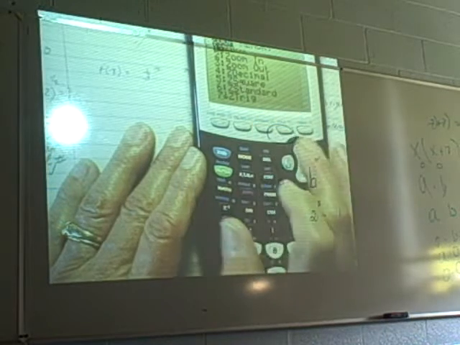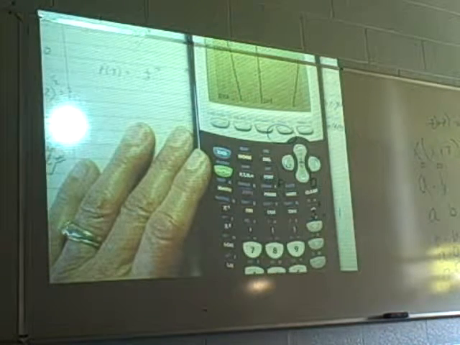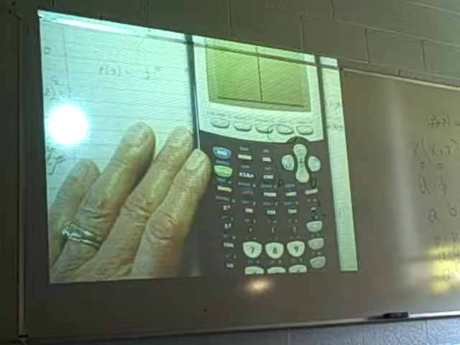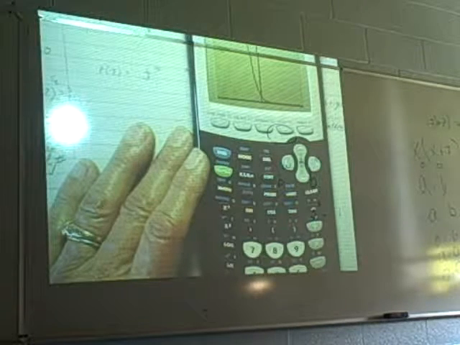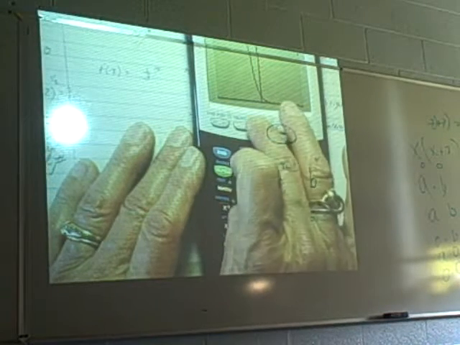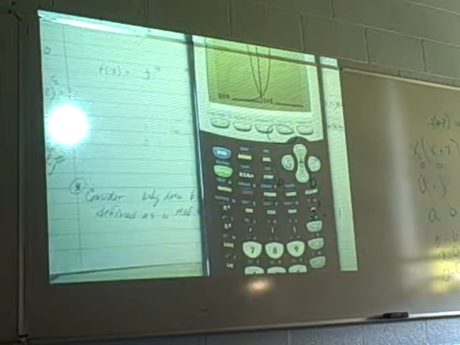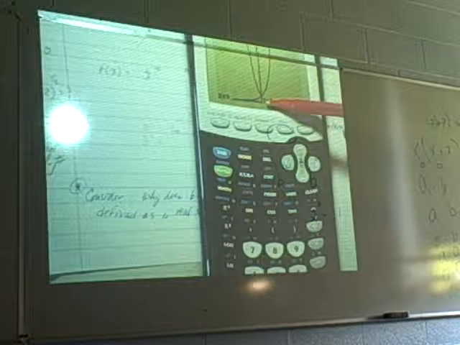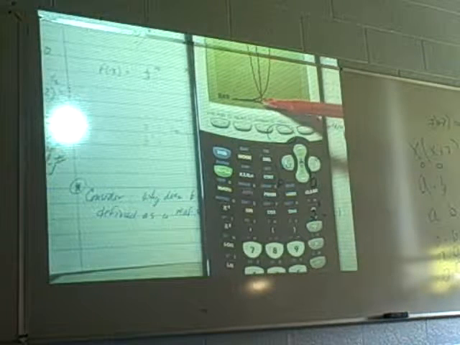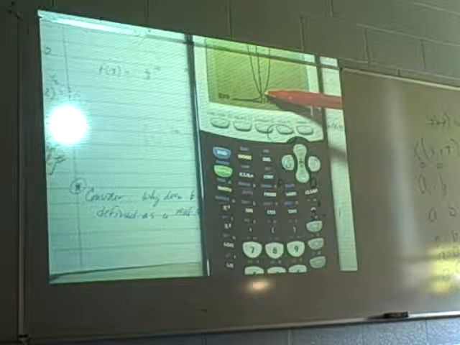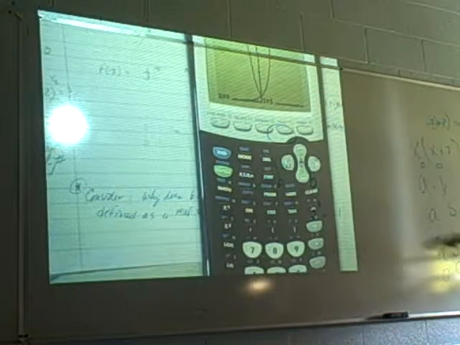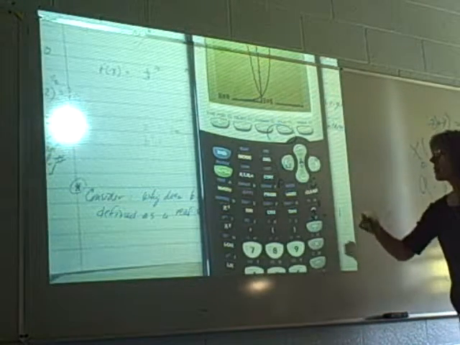I can't see it, zoom out. Okay, there I am. Right there. So right in here, when x is 1, my b value is whatever my base was.